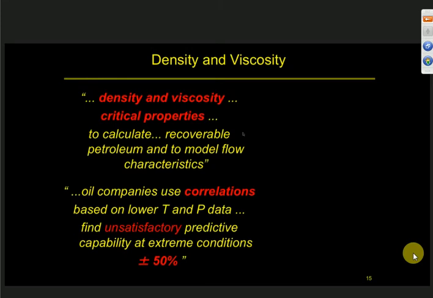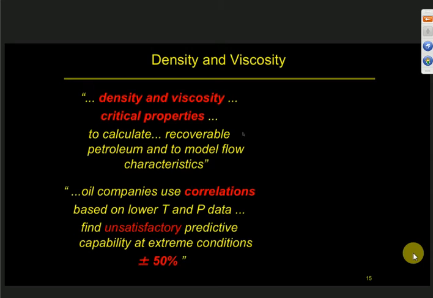Viscosity is a transport property, and these kinds of properties are really important for calculating the amount of petroleum available in the reservoir, and also to model the flow characteristics when you are extracting the oil from the ground.